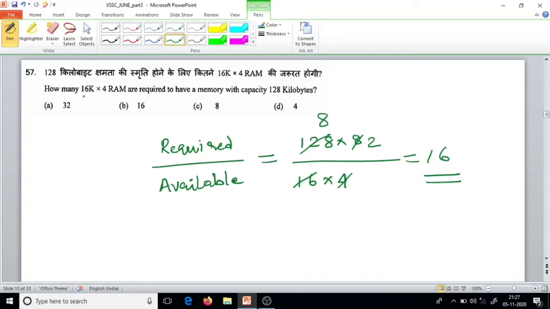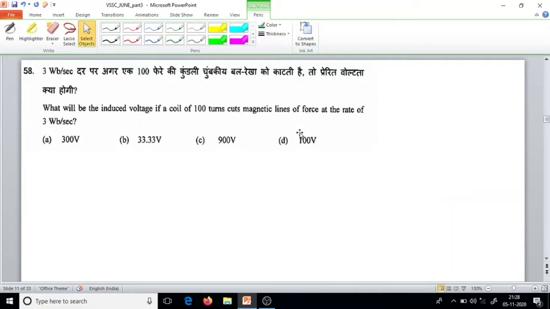So you need 16K by 4 RAM, 16 numbers to realize the 128 kilobytes. Kilo and kilo cancel here, bytes remain. That's why I multiplied by 8 here, since the question is telling 128 kilobytes, so we have to multiply by 8. So we'll go to the next question.